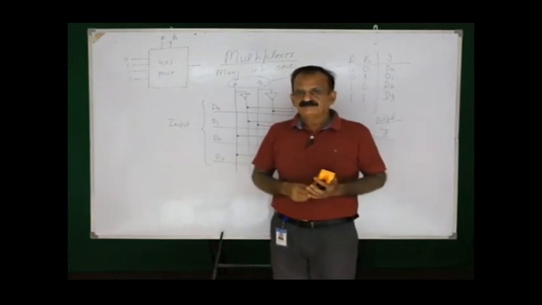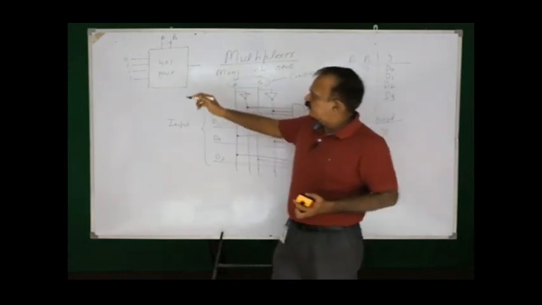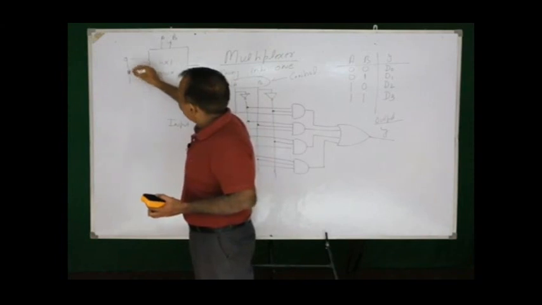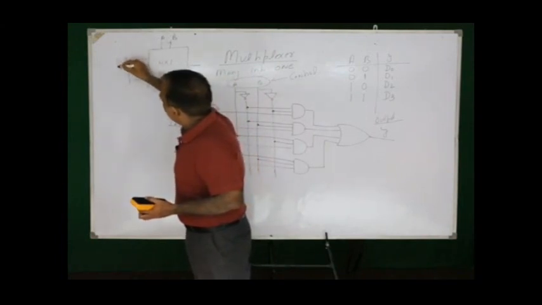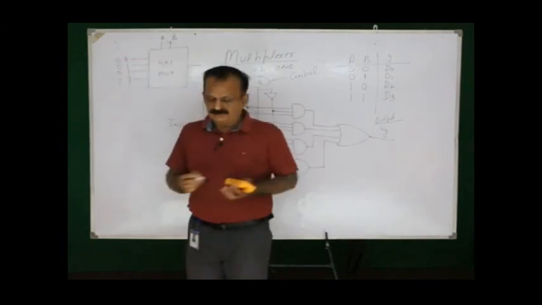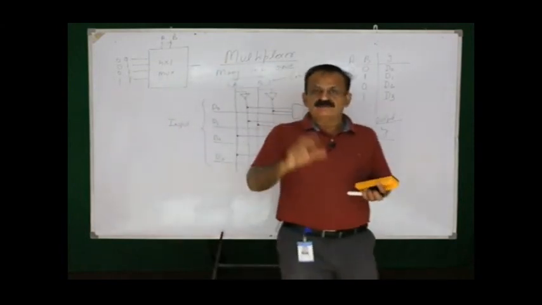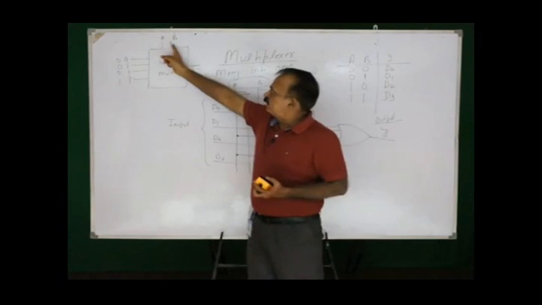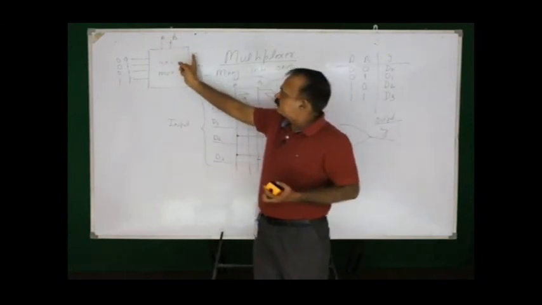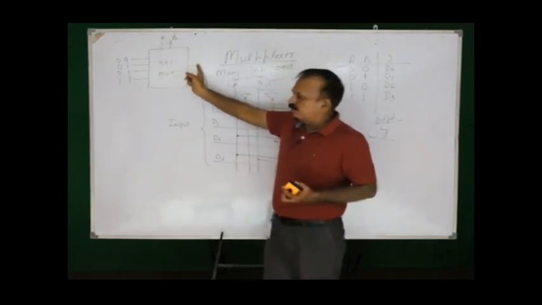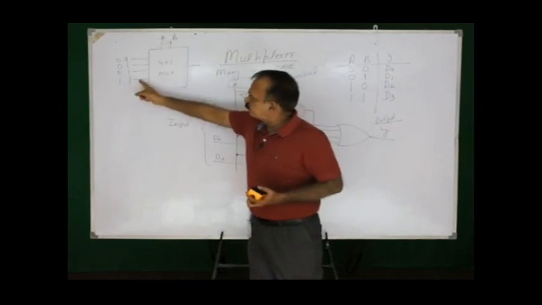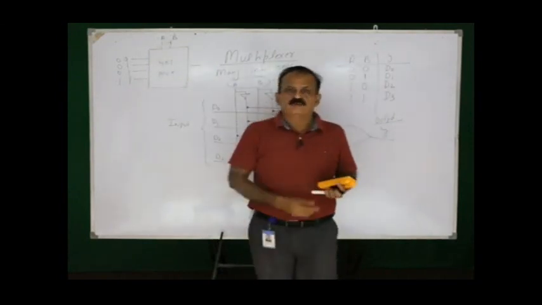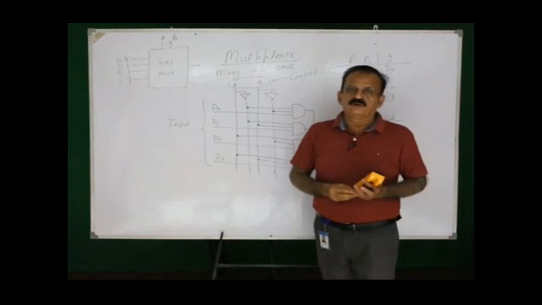If I change this input to 0, 0, 0, 1, now this multiplexer will be acting as an AND gate. Why? 0 0 means 0, 0 1 means 0, 1 0 means 0, and in case of 1 1, this value will be connected to the output and it will be equal to 1.